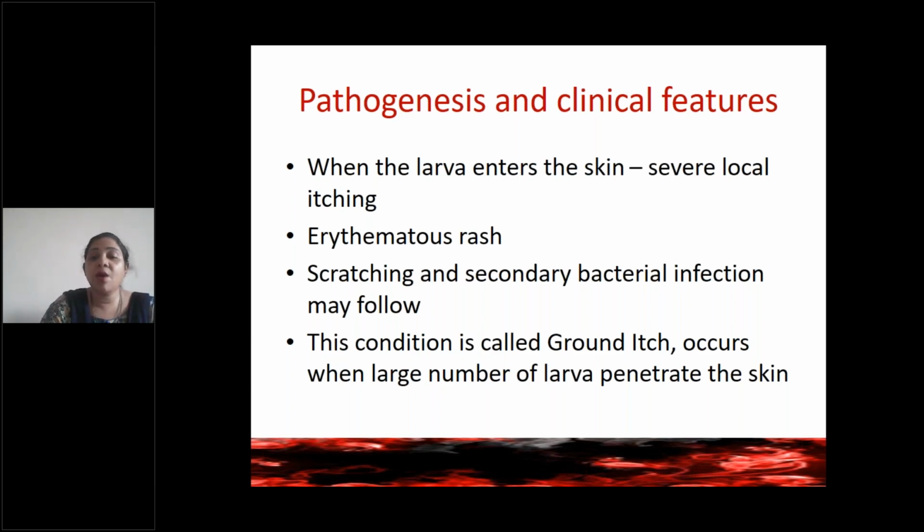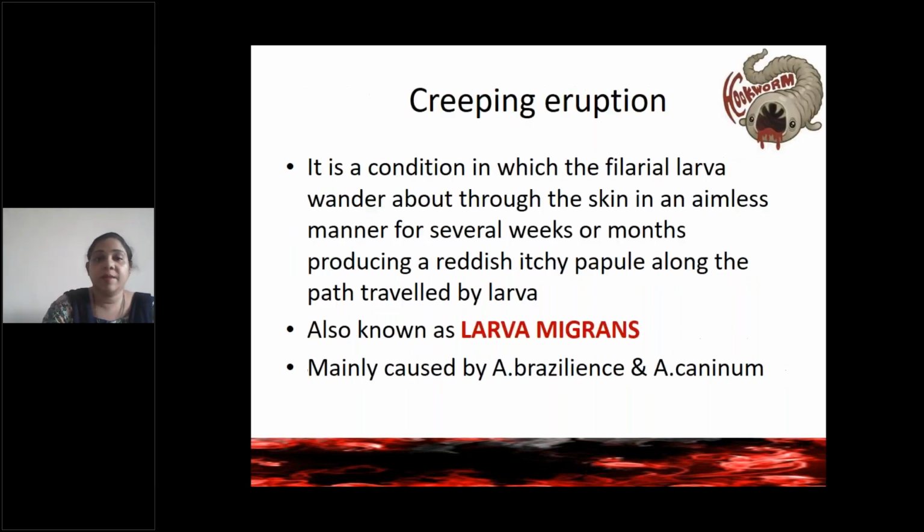This condition is called ground itch, which usually takes place when a large number of larvae penetrate the skin. Creeping eruption is a condition in which the larvae wander about through the skin in an aimless manner for about several weeks or months, producing a red itchy papule along the path traveled.